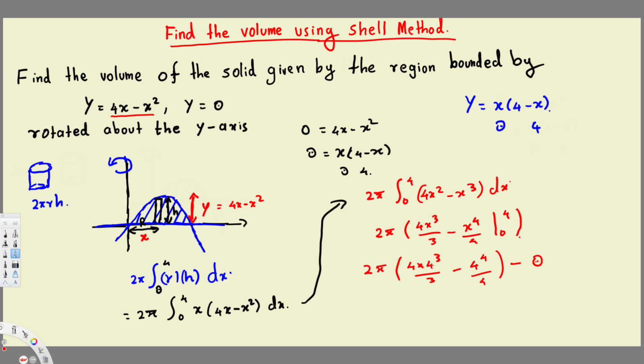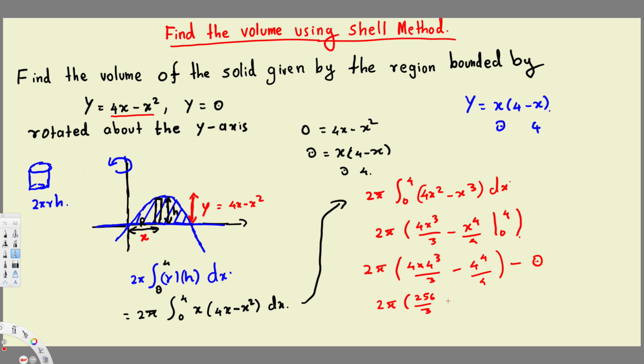Here we are going to have 4 power 3, which is 64, times 4 is going to be 256 divided by 3. And for 4 power 4, we can cancel one of the 4s, or we can keep it as it is and find the common denominator. That seems a better idea.